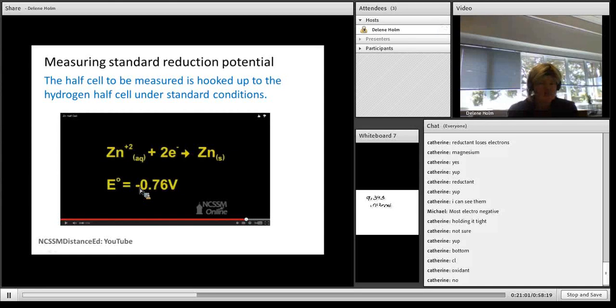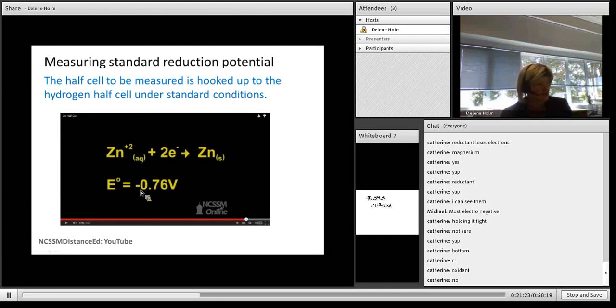So this is how we measure it. We just compare to the hydrogen electrode. If hydrogen is acting in a reduction half reaction, the other side gets given a positive value. If we've had to force hydrogen to go the opposite way, then the value is given a negative. So this is just the way it works.